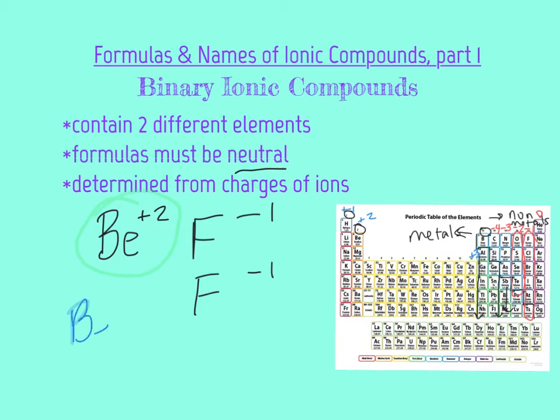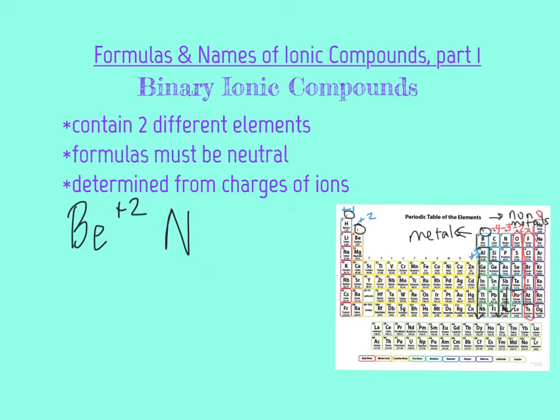Okay, Be. I have 1 of them, so I don't need to put anything. And then how many fluorines do I have? Well, I have 2 fluoride ions. So I would write F, because that's my abbreviation for fluorine, and I have 2 of them. 1, 2. So I would put a 2 down here.